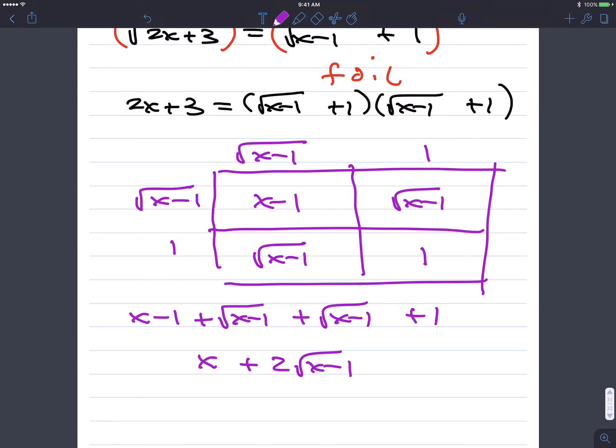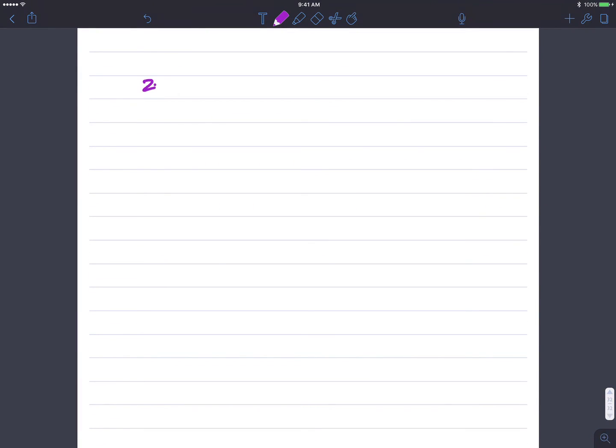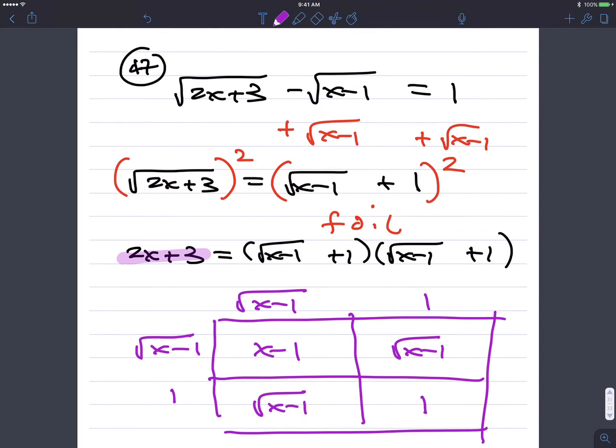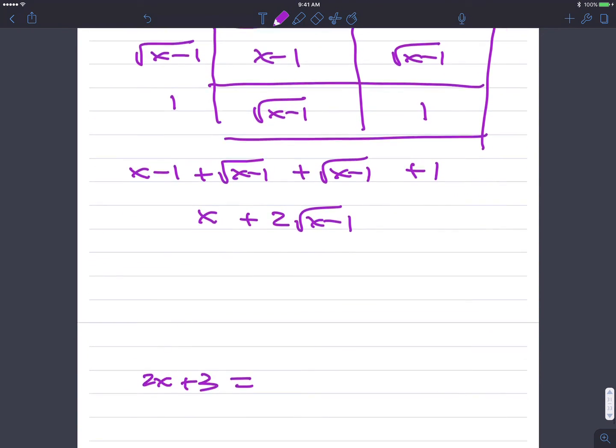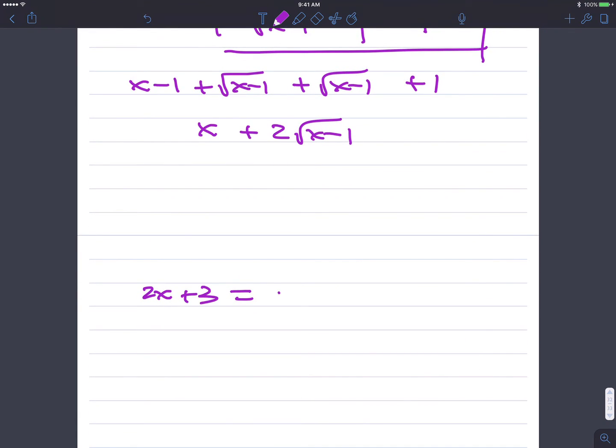So altogether, don't forget on the left side, you have the 2x plus 3. So let's see what happens. 2x plus 3 on the left, and that equals this, x plus 2 times my radical.